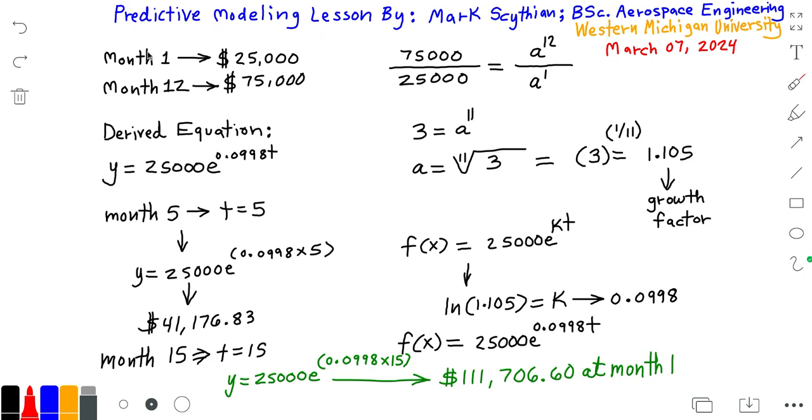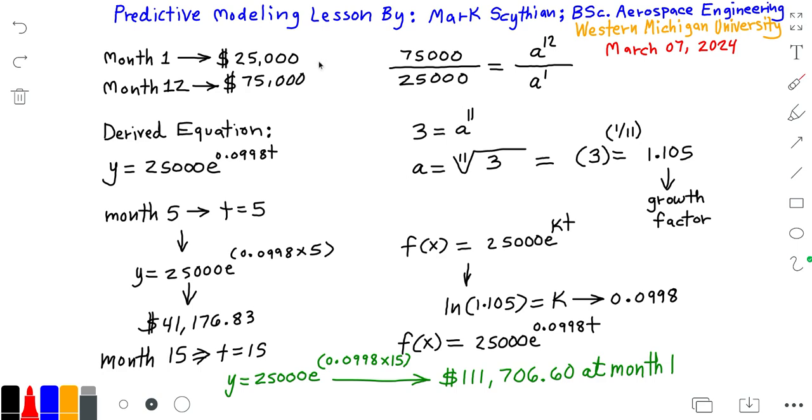So between the start month and the end month, we have a growth factor of revenue occurring based on past behavioral or financial patterns.